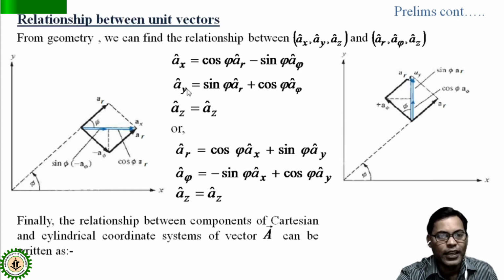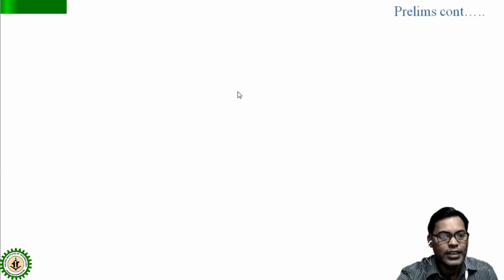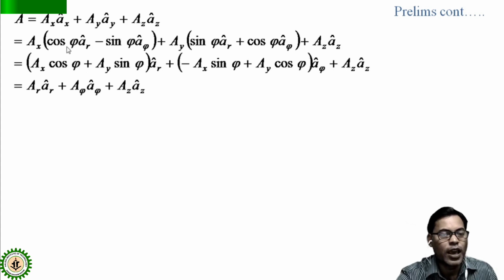You see that ax equals this, ay equals this, az equals this. So we are going to put these in this expression. Here ax is represented by this, ay is represented by this, and unit vector az will be the same in the Cartesian and cylindrical coordinate systems.